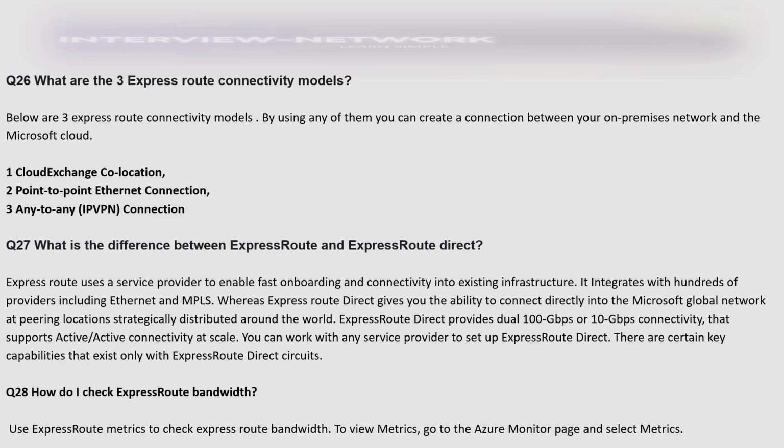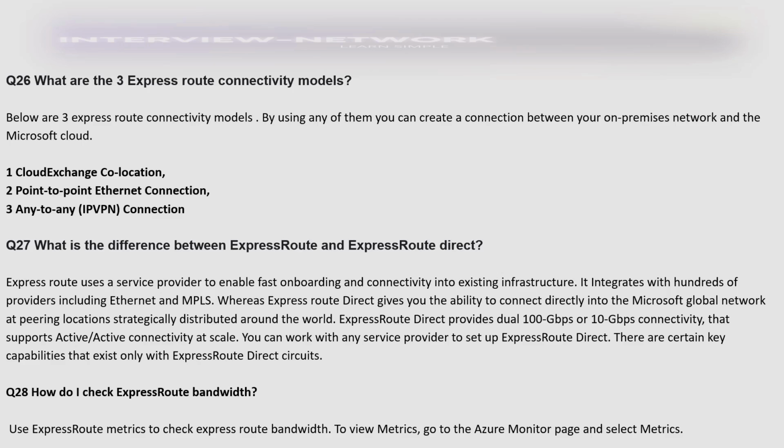What is the difference between ExpressRoute and ExpressRoute Direct? ExpressRoute uses a service provider to enable fast onboarding and connectivity into existing infrastructure. It integrates with hundreds of providers including Ethernet and MPLS, whereas ExpressRoute Direct gives you the ability to connect directly into the Microsoft Global Network at peering locations strategically distributed around the world.